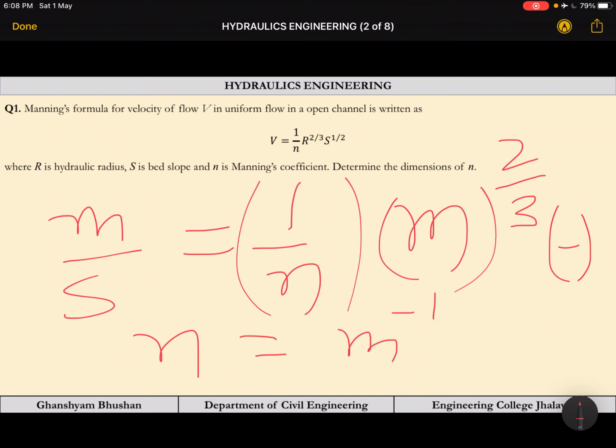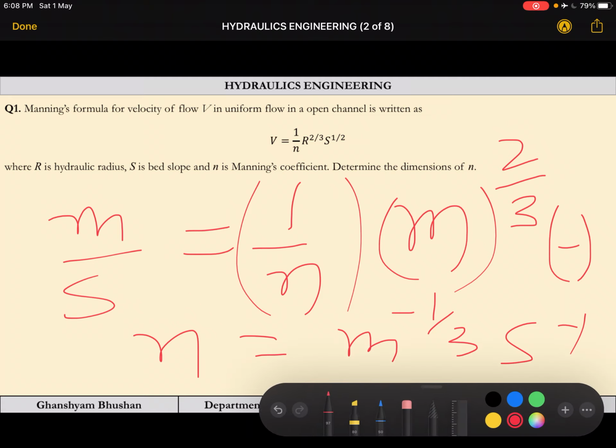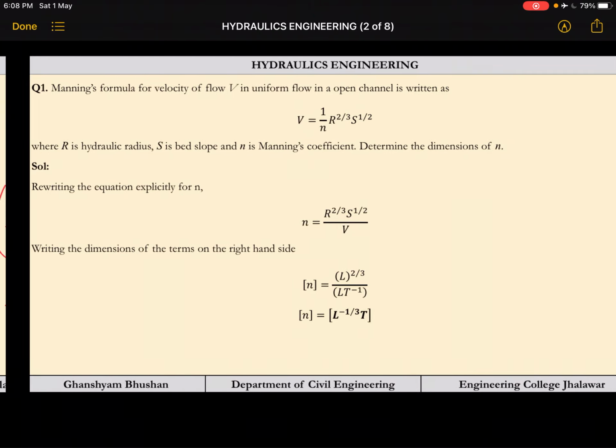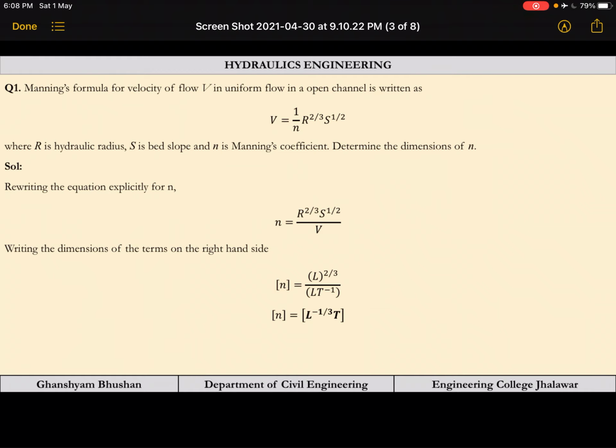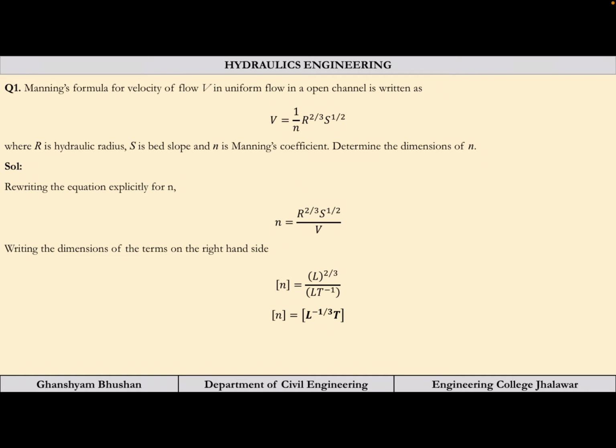M raised to power minus 1 by 3 s minus 1. So this is the dimensions of n. I have solved this problem, also you can check. So the dimension of n is coming out to be L raised to power minus 1 by 3 T, because T here is in minus 1, so in the numerator it will become plus 1. So this is the dimension of n.